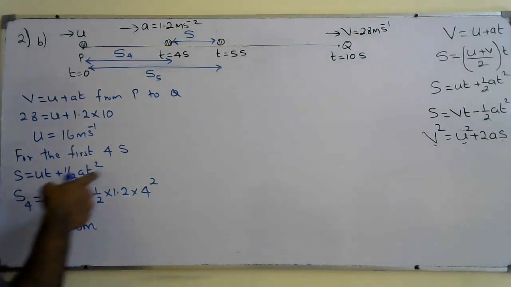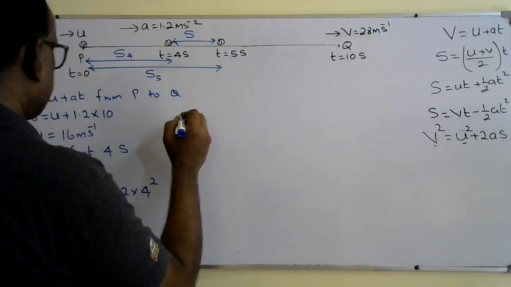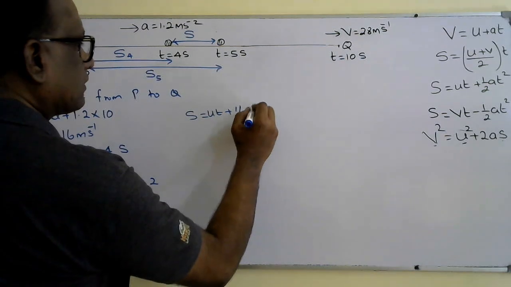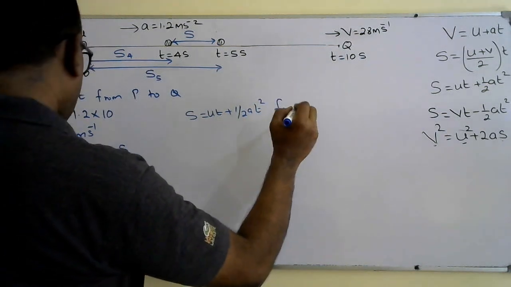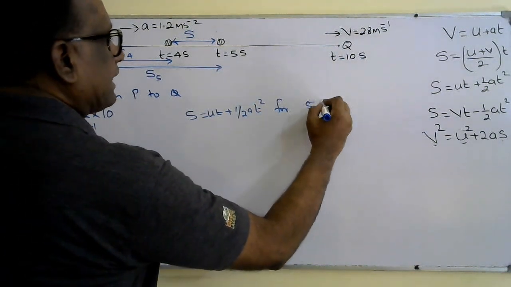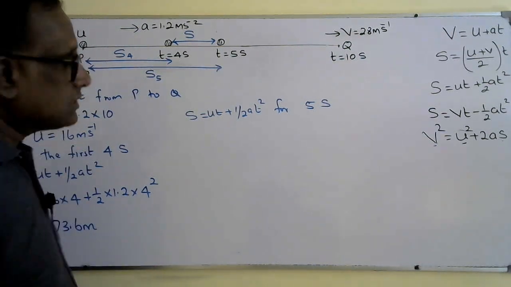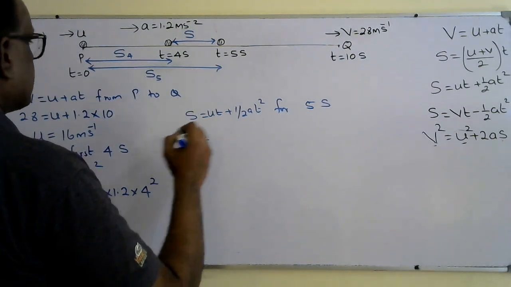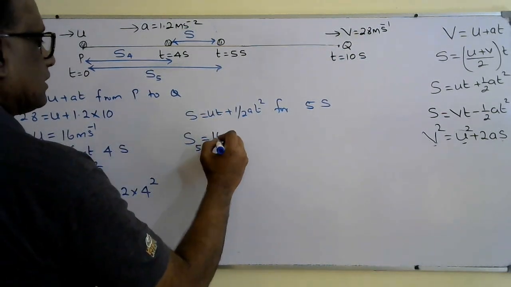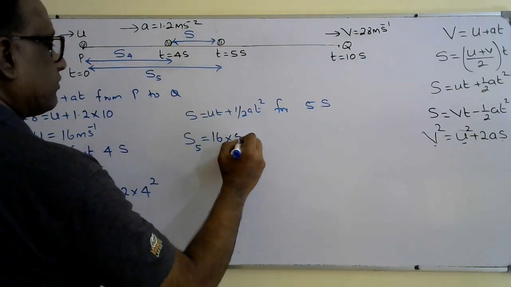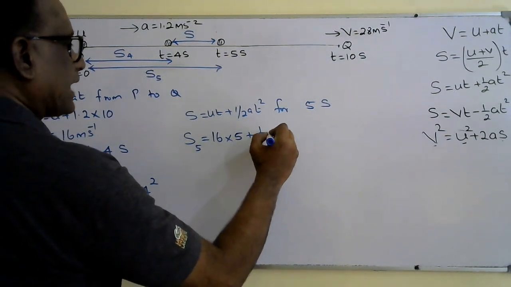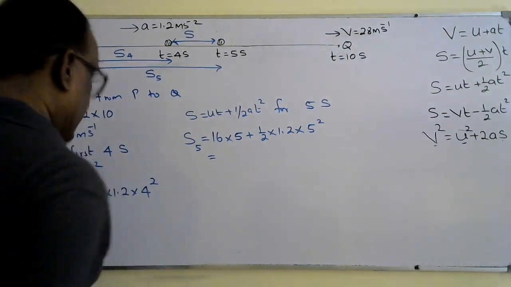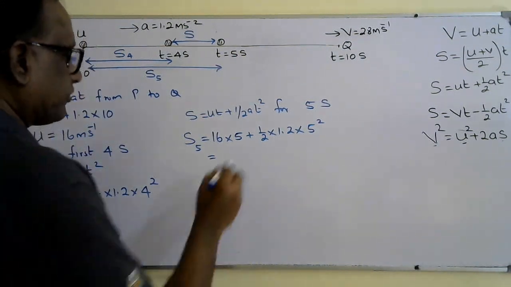Then we'll use the first 5 seconds. S equals ut plus half at squared for 5 seconds from the initial move, from the point P onwards. So S5 is equal to the same initial speed, 16 into the time 5, plus half into acceleration 1.2 into 5 squared. So S5 you will get 95 meters.